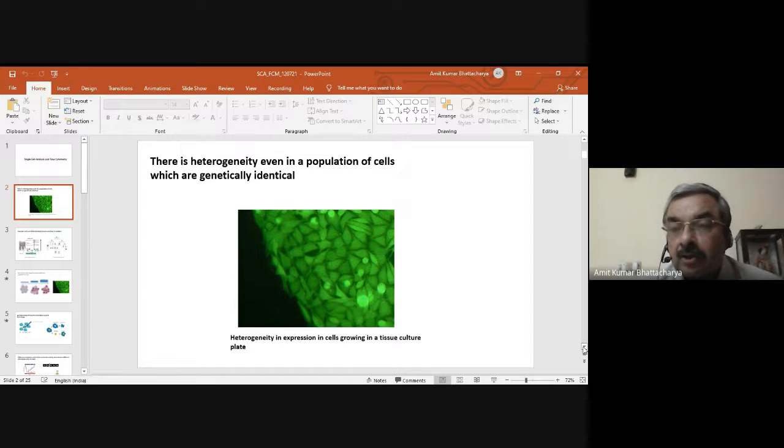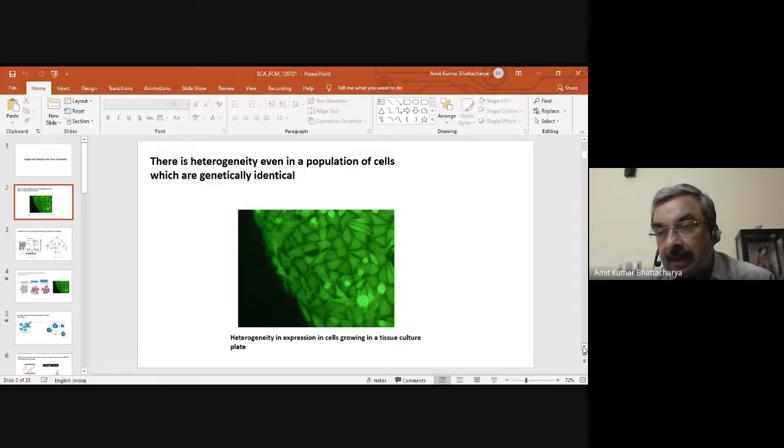Such clones we keep generating when we do transfections. That means we are trying to introduce a gene into a cell, and in many situations, the gene that we introduce could be a gene of a fluorescent protein.